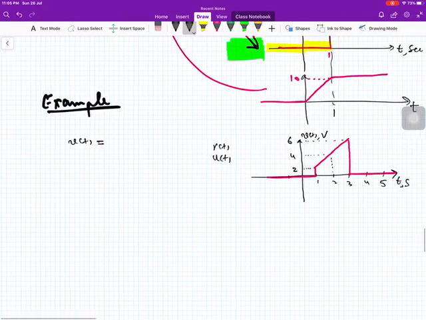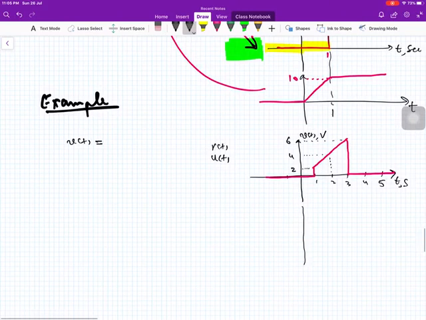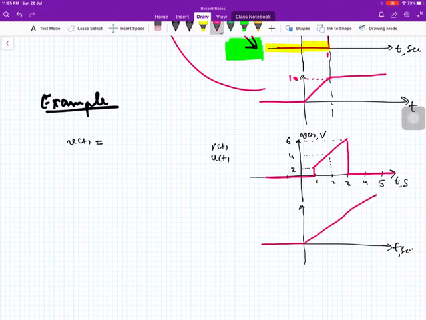Now let us consider here t in seconds. So let us consider a ramp function like this, and reference values are produced over here, 1, 2 and 3, and this is 2, this is 4, and this is 6.